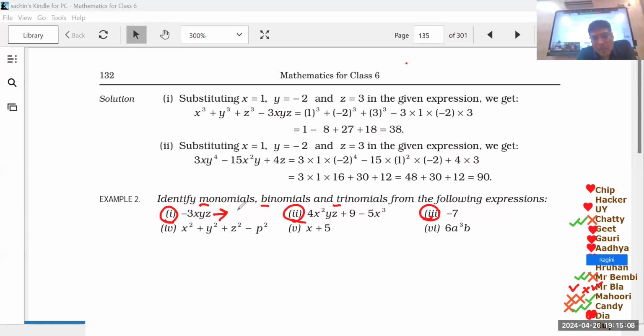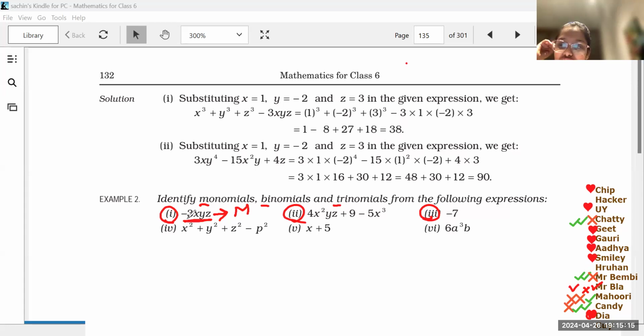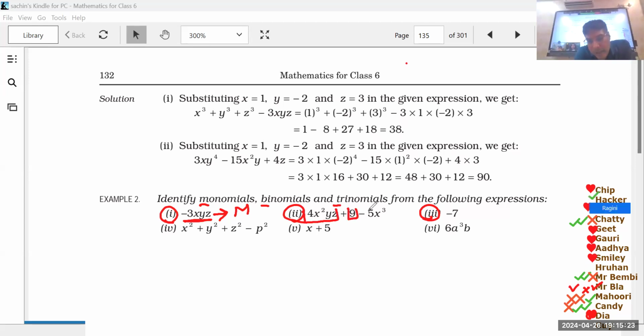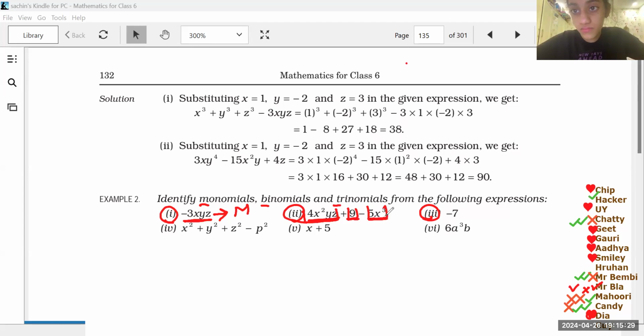Monomial. Mahuri, what's the problem in this? This is one term, beta. Sir, I got confused. Okay. So, see, in the second one, there is one term, two terms separated by a minus sign, three terms, plus and minus. First term, second term, third term. In the first one, there are two signs. So won't it be binomial? Beta, there is only one sign.